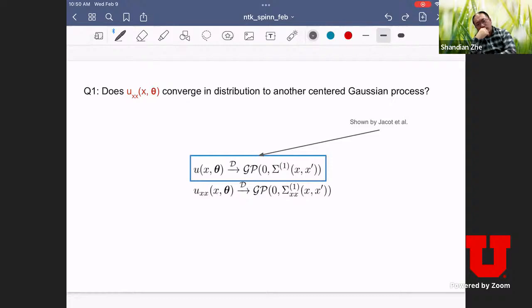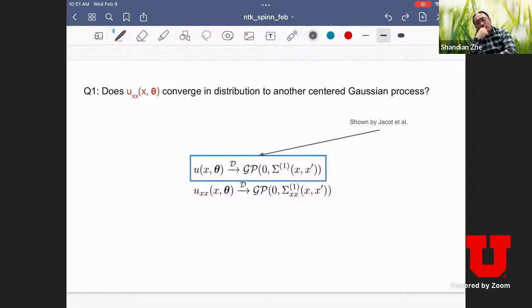They mean that from the neural network perspective, if at the limit your neural network output converges to a Gaussian process, then the second order derivative of the neural network output will also converge to a Gaussian process, where the covariance is also the second order derivative of the NTK kernel at the limit. The second order derivative of the original covariance, which is determined by the NTK.